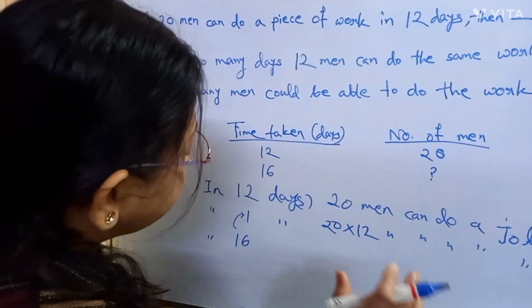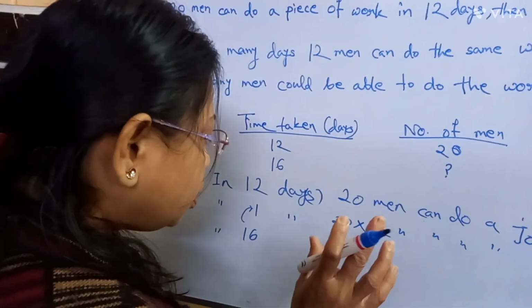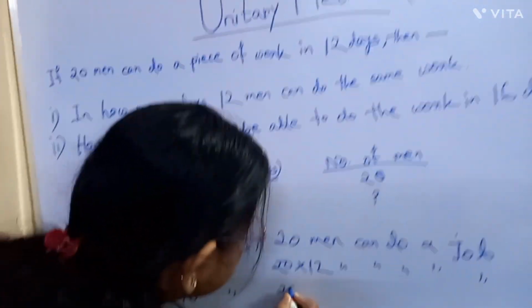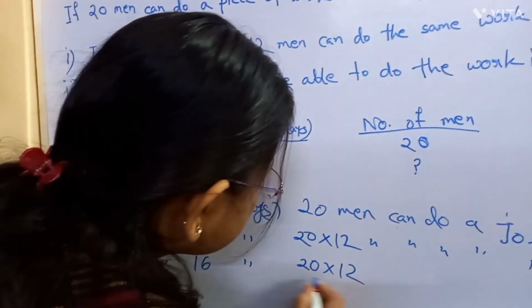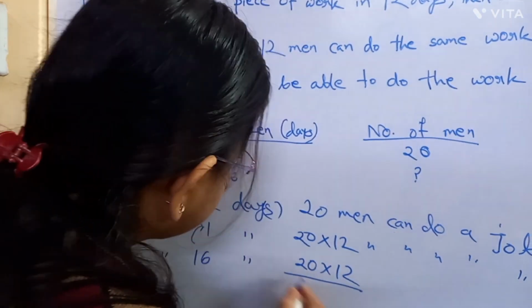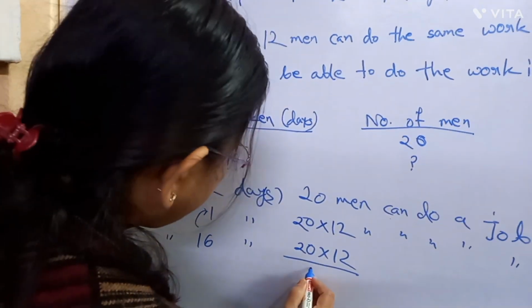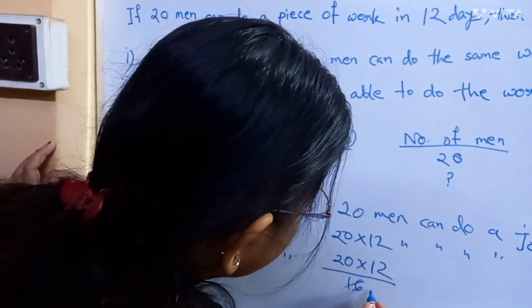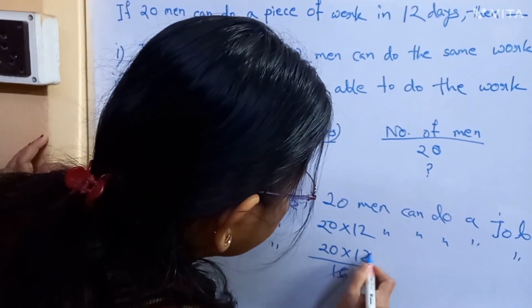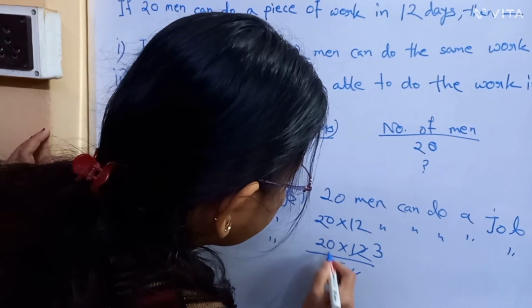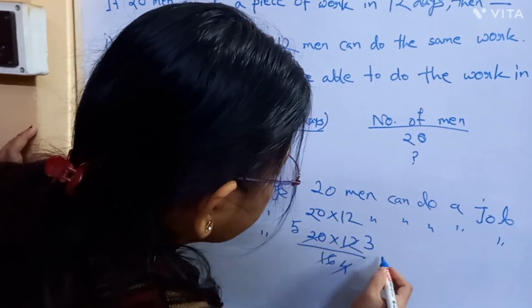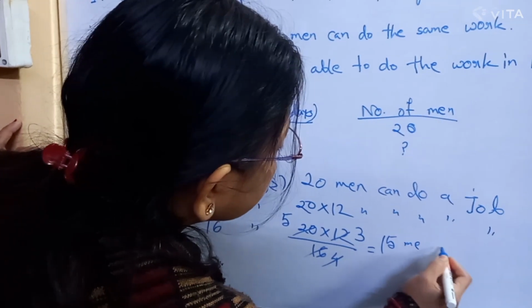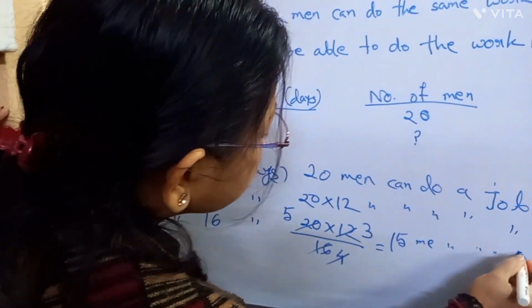So if time is more, fewer men can finish the work. That is 15. 15 men can do the job.